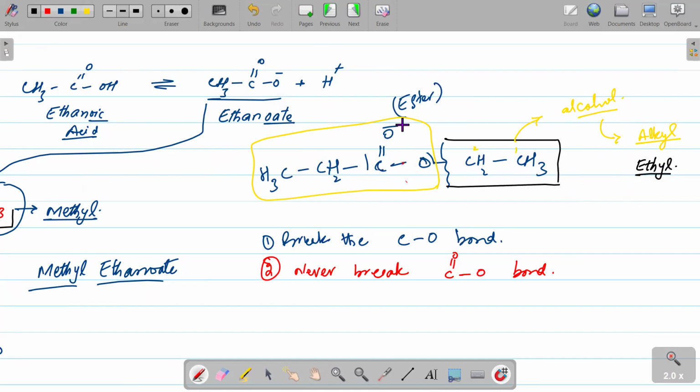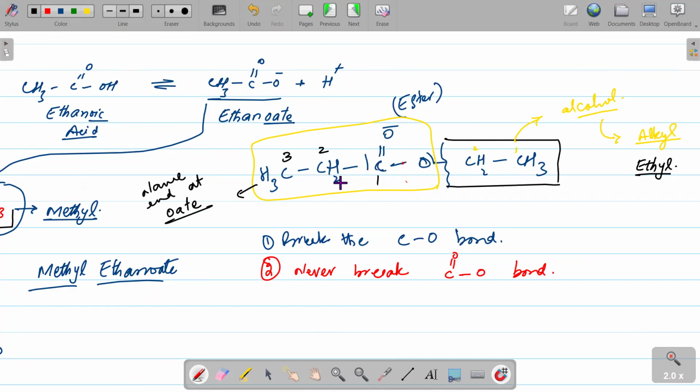And the other part of an ester, which came from carboxylic acid, its name will end at oate. Why? Because this part has no hydrogen with the oxygen, as you can see here. So its name ends at oate. How many carbons are there? 1, 2, and 3.